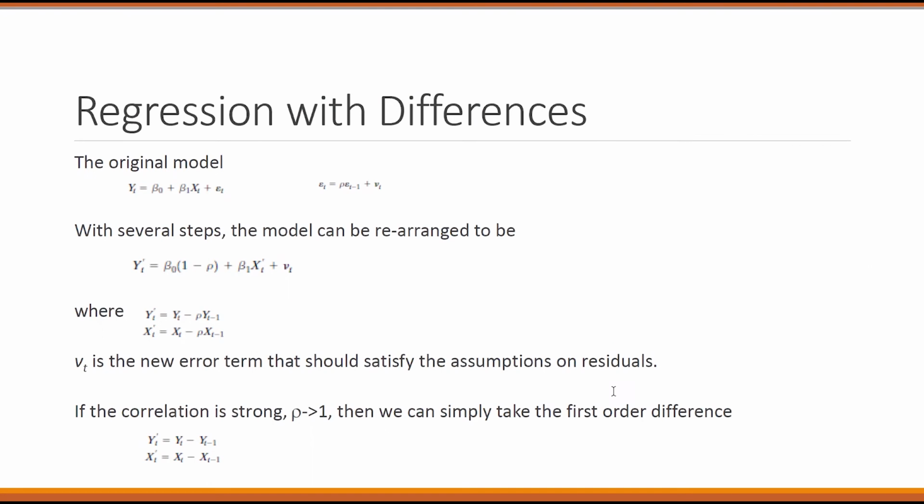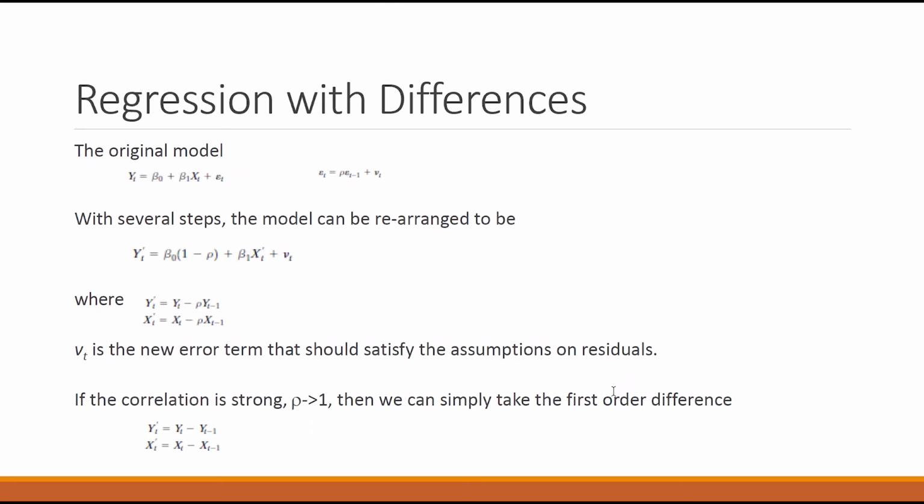Lastly, let's see what happens if rho is equal to 1. With rho equal to 1, for this equation right here, we will notice that 1 minus rho becomes 0, and therefore beta 0 drops off from the model.